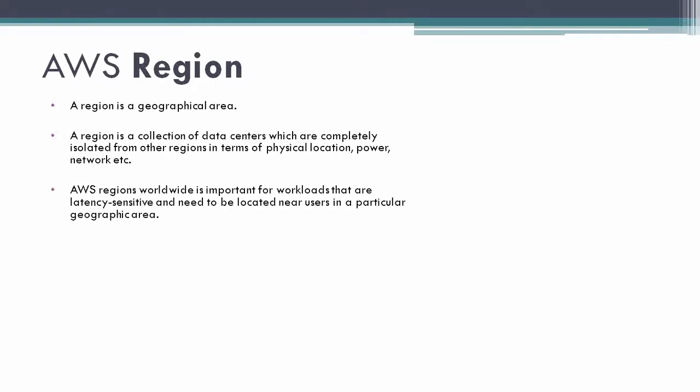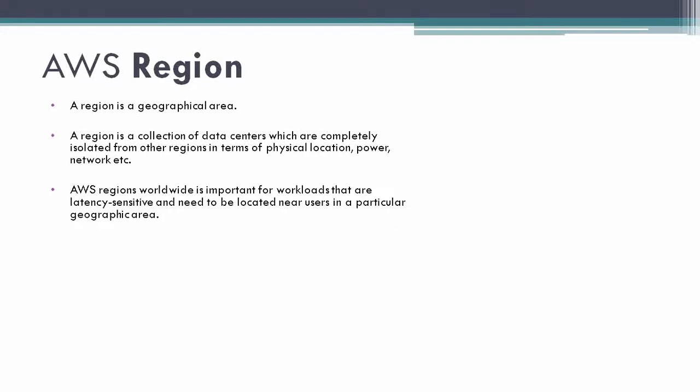AWS regions worldwide are important for workloads that are latency sensitive and need to be located near users in a particular geographic area. So why is a region important? Because you want to serve your customers with low latency.